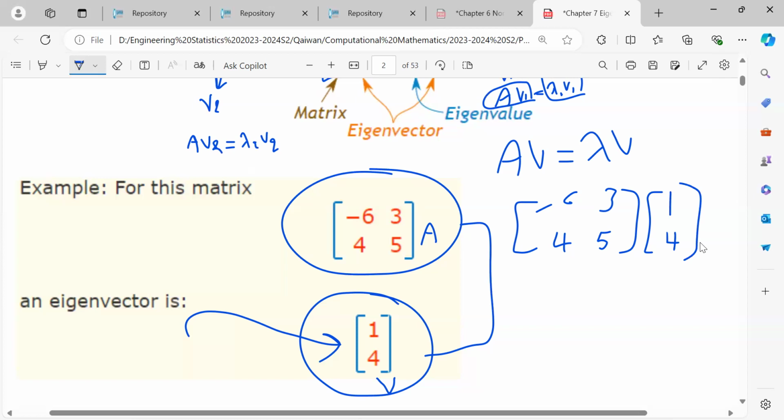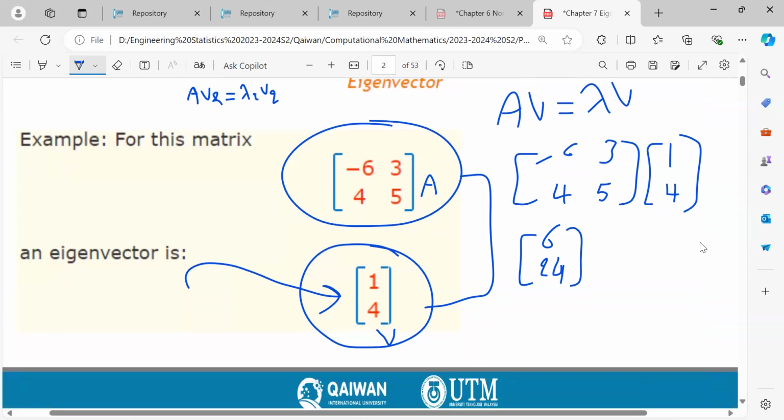Let's multiply these two. We get minus 6 plus 12, which is 6, and then 4 plus 20, which is 24. So A times V is the vector (6, 24).